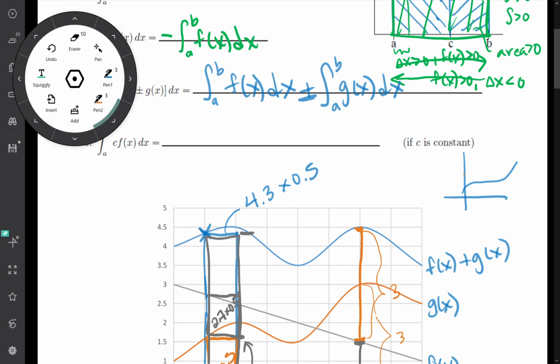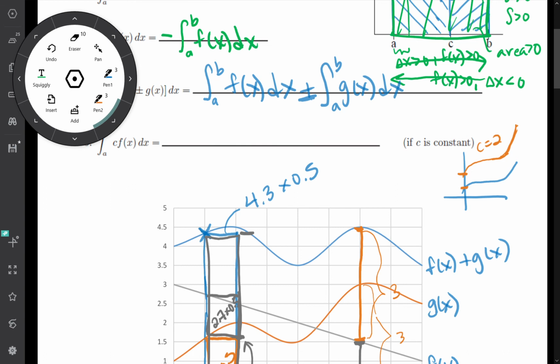So this is going to go about here, and this is going to go about here, this is going to go way up here. So same shape, but stretched vertically. So my y values all got twice as big, which means every single rectangle will be twice as tall if c is 2, which is what I'm imagining here.